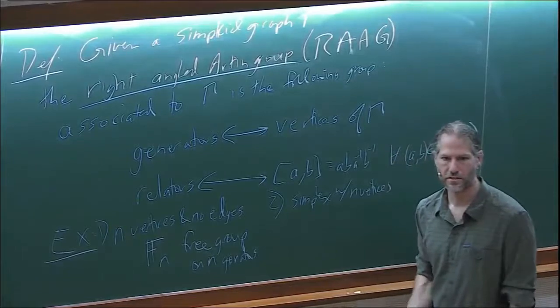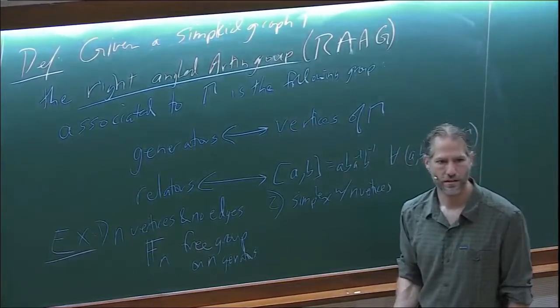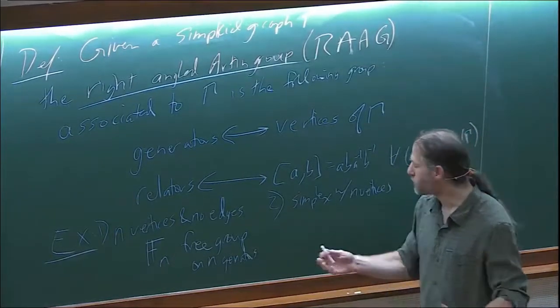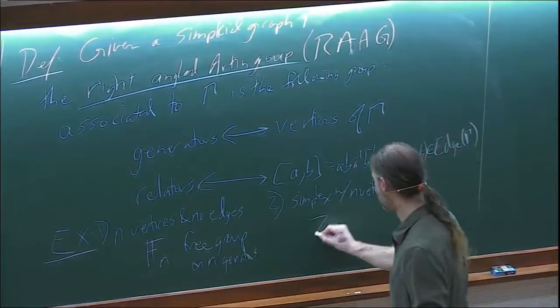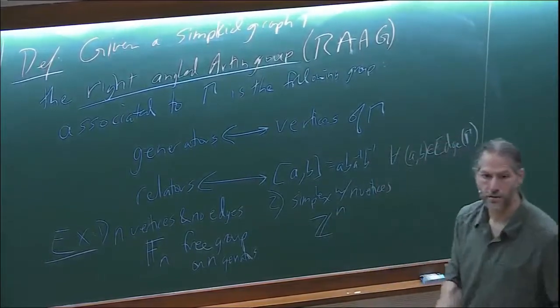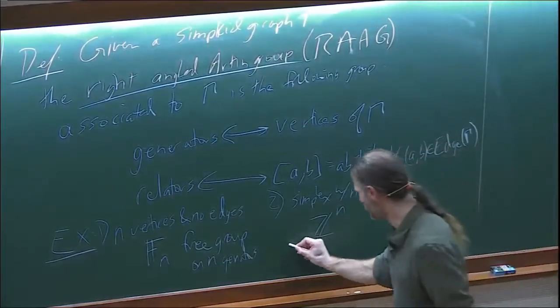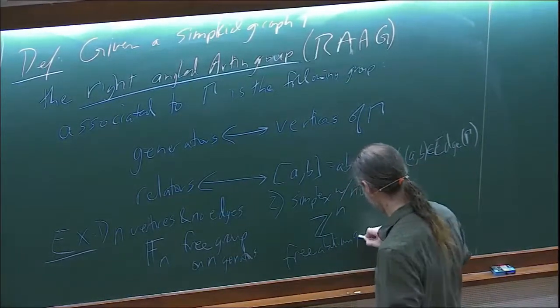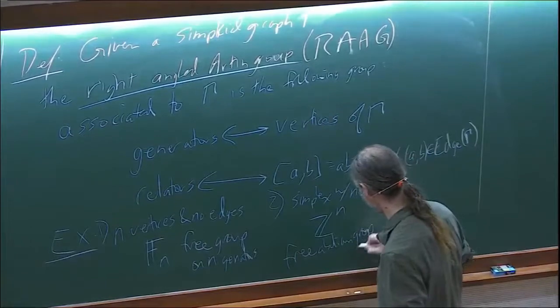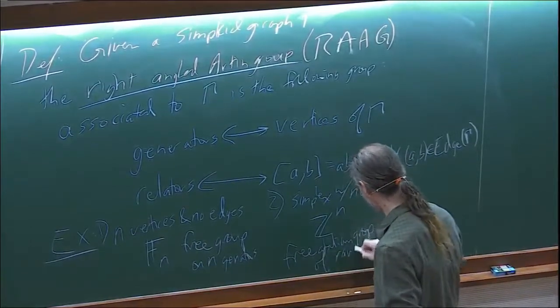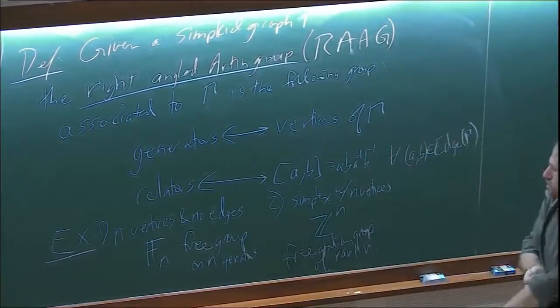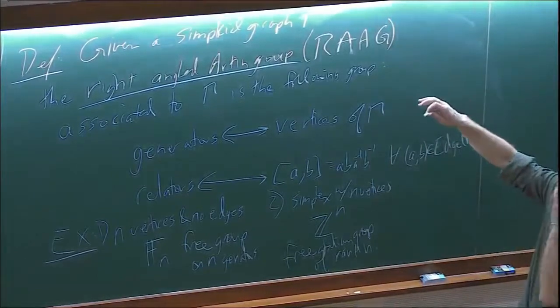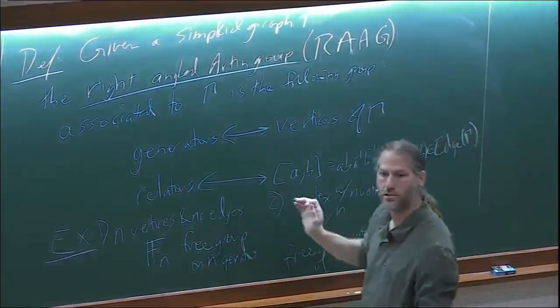Every pair of generators commute, so we just get the free abelian group of rank n. So this family of groups interpolates between these two extremes.